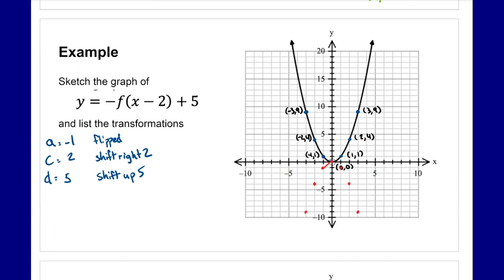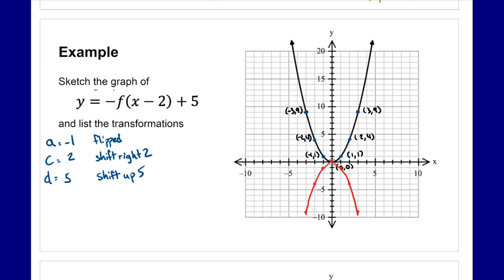So this red graph right now, this is just what it looks like when we apply our a value. And it does look like our flipped function, which does make sense. But now what we have to do is shift this graph right 2 and up 5. So I'm going to take all my points and shift them right 2 and up 5.